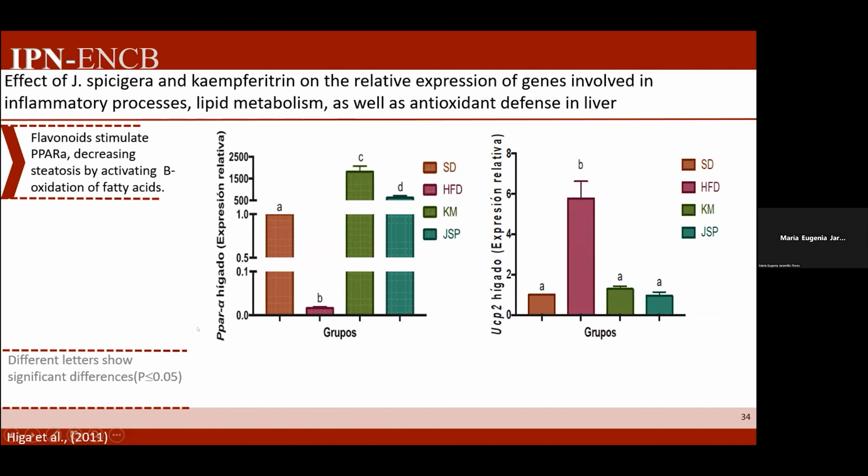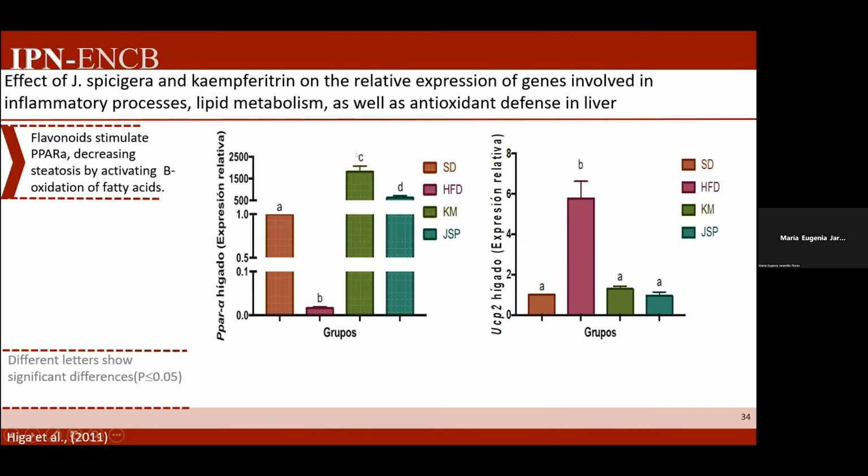We measured PPAR alpha, which is related to beta oxidation, and UCP2, which is related to antioxidant activity.